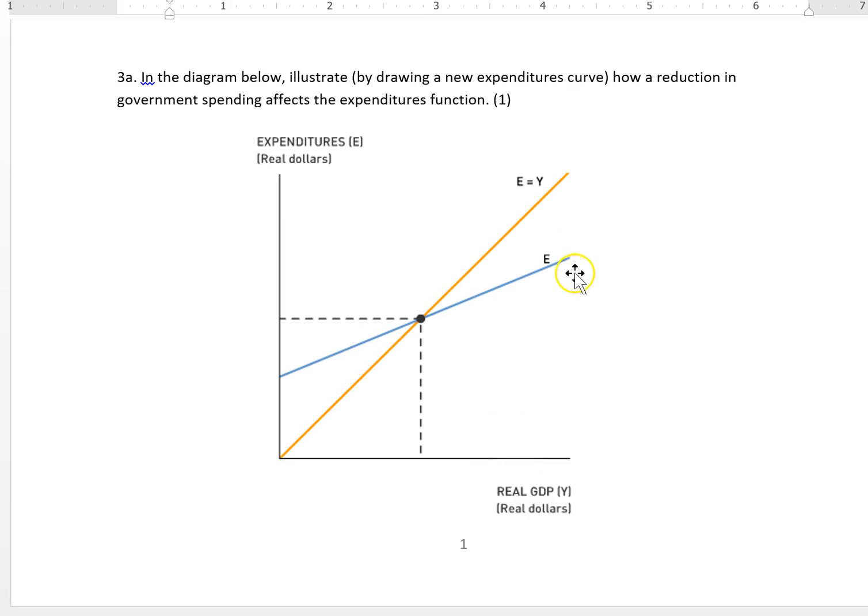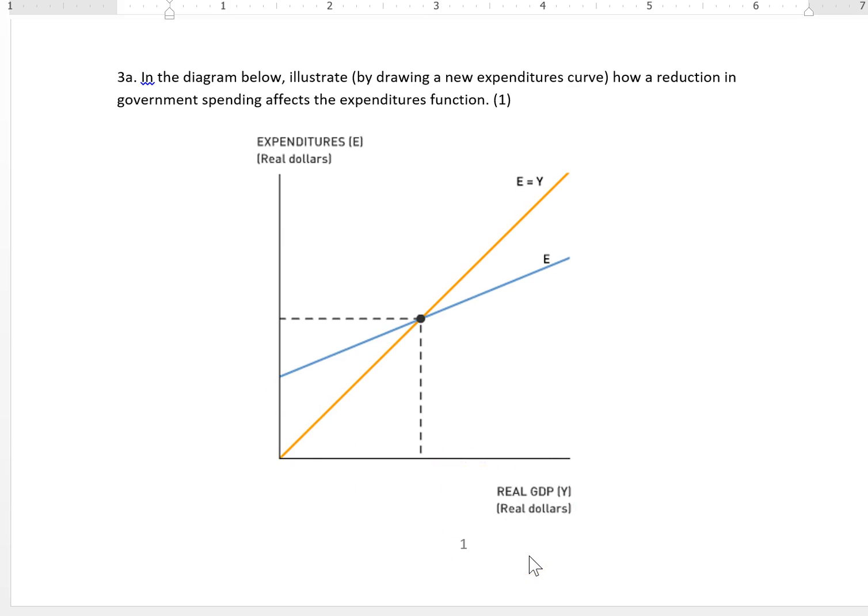Now notice how this spending line crosses the vertical axis right here. So this says when income is 0, you're still spending a positive amount. This is called autonomous spending. Autonomous spending is spending that's not linked to income.